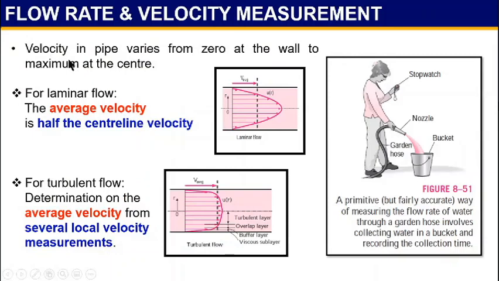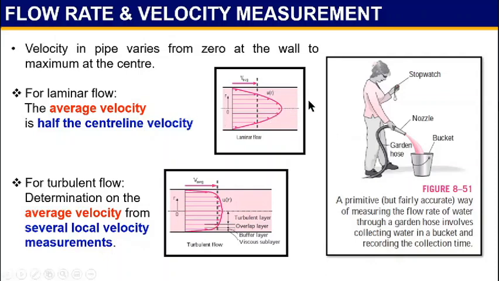Alright, so now in a pipe, velocity varies from zero at the wall to maximum at the center. Okay, for example, this schematic figure, we have one pipe and then we have a flow flowing inside the pipe. So meaning of varies from zero at the wall means we have two walls here, up and down. So the velocity of the flow on the pipe wall is actually zero, and then gradually it becomes maximum at the center of the pipe.